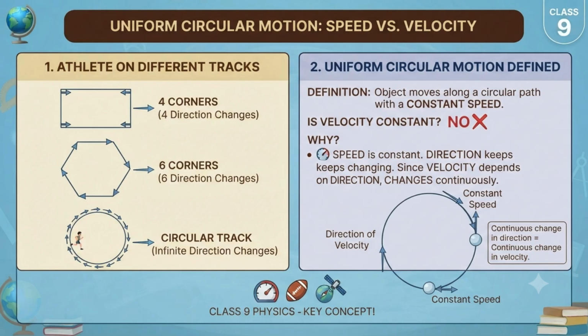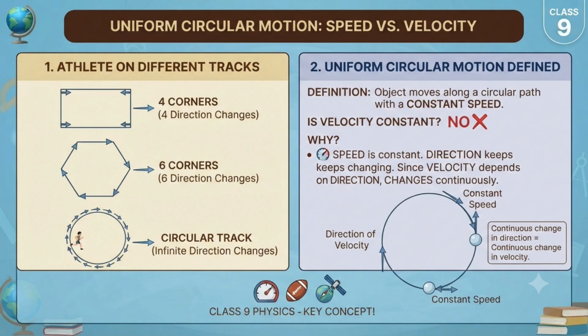Let's understand this with another example. Imagine an athlete running around a rectangular track. The athlete runs with the same speed but changes direction only at the four corners. Now imagine the athlete running on a hexagonal track. This time, the athlete changes direction 6 times in one complete round. Now keep increasing the number of sides of the track.